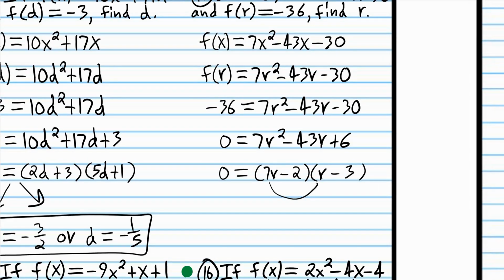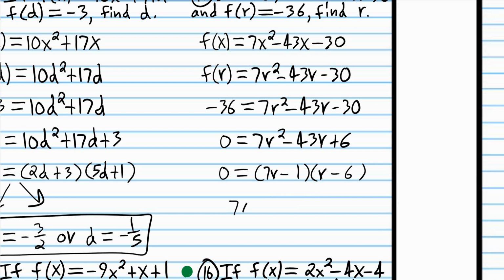You don't have to do the F term and the L term if you don't want to. You can just do the O and the I term, because they'll show us if our factorization is correct. So that doesn't work. So I'm going to change to 6 and 1, and then if we check with FOIL, we see that the factorization works.